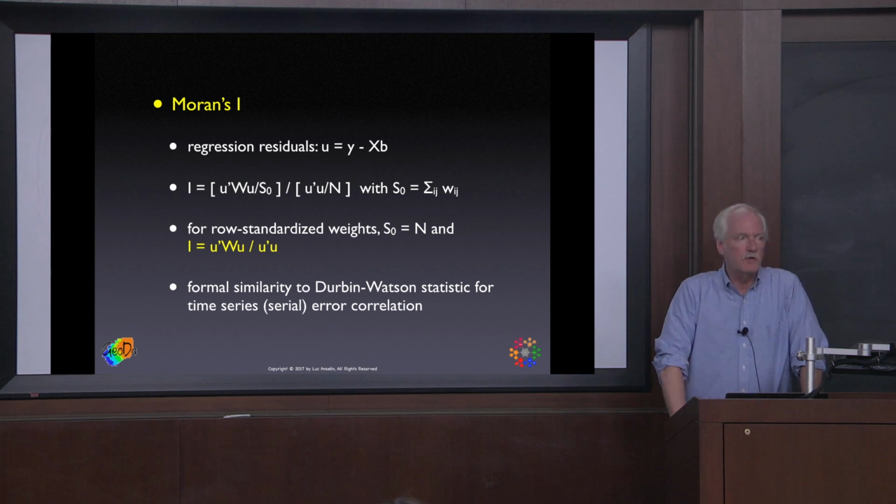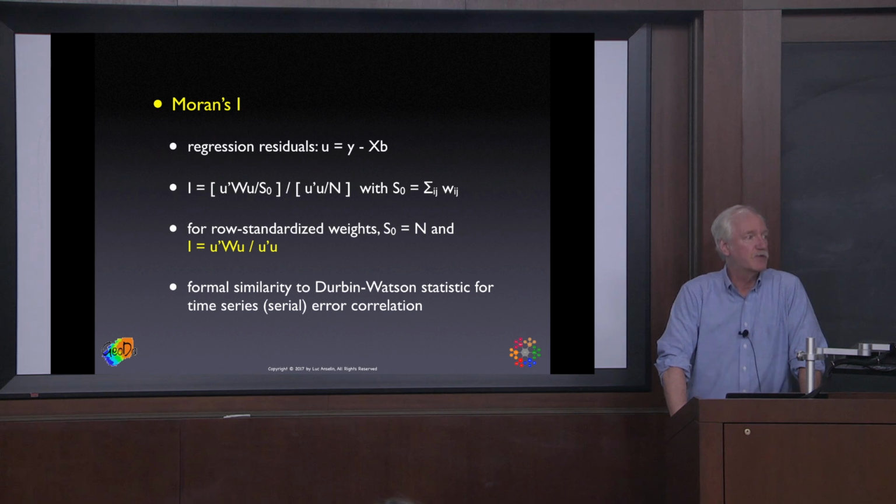And those of you who've been through multiple iterations of econometrics might recognize this, well, if you were taught like I was, you would recognize this as a matrix expression for the Durbin-Watson statistic.